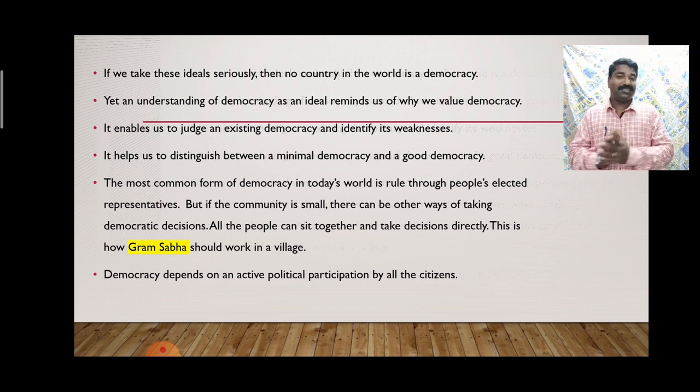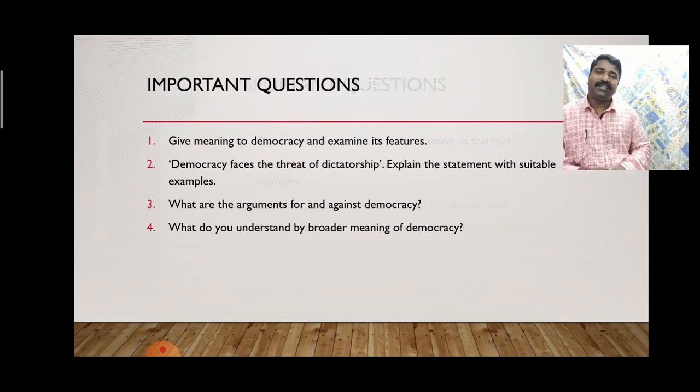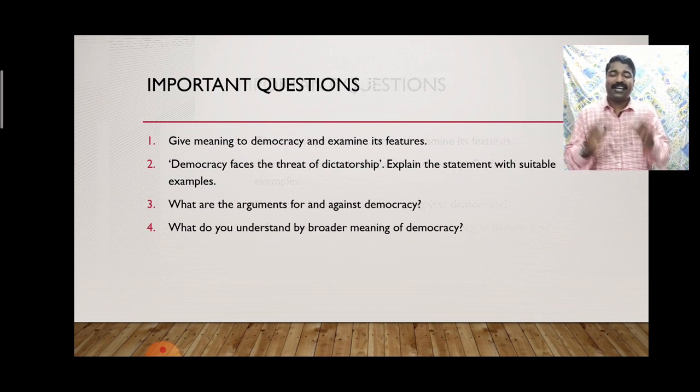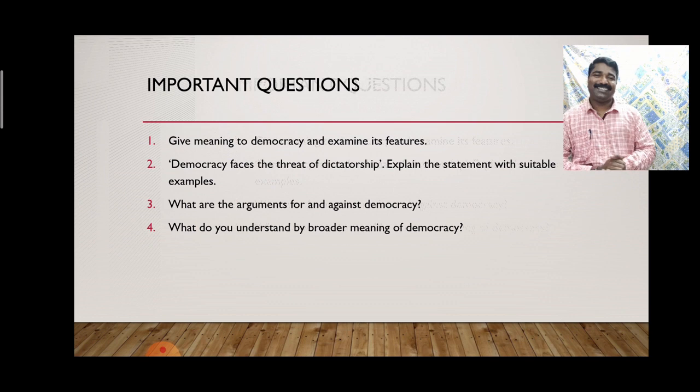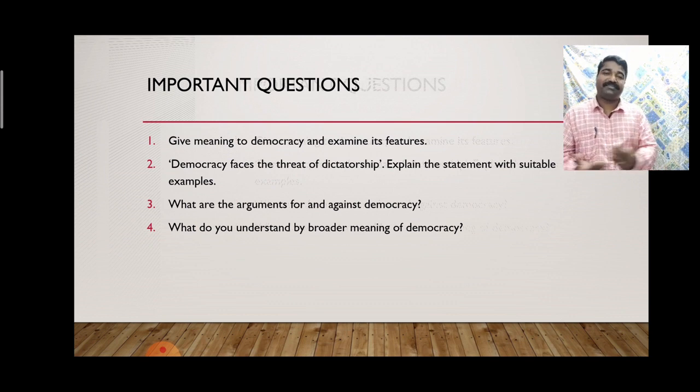This is all about ideal democracy. Now let us see some basic important questions. They are very simple questions. You have studied well about democracy. Give the meaning of democracy and examine its features.